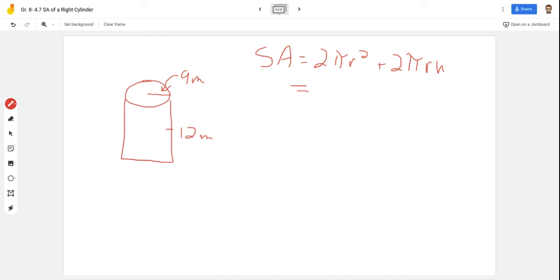And we can just plug in the numbers as we would go through the formula. 2 times pi times 9 squared plus 2 multiplied by pi multiplied by the radius, which is 9, multiplied by the height, which is 12. And then we would get to our meters squared, because of course this is a surface area, it's not volume, and it's just not regular perimeter or circumference.